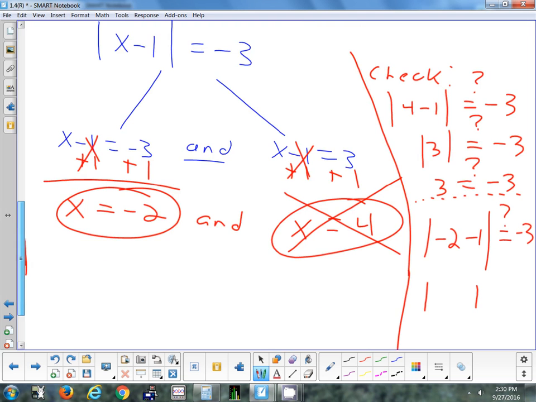Now you owe them 3. It's a negative 2 and a negative 1. Negative 2 minus 1, yeah. Think on a number line. Negative 2, and if you minus 1, you go to the left 1 spot. Negative 3.